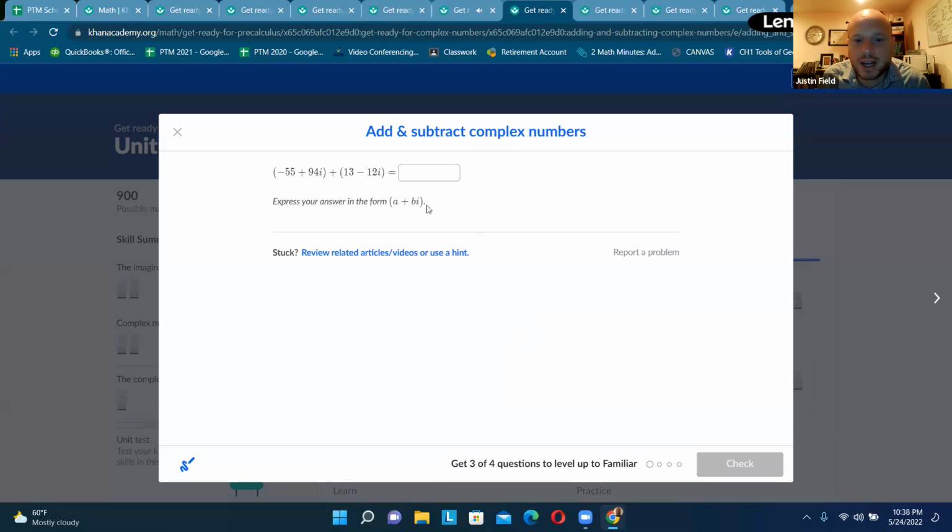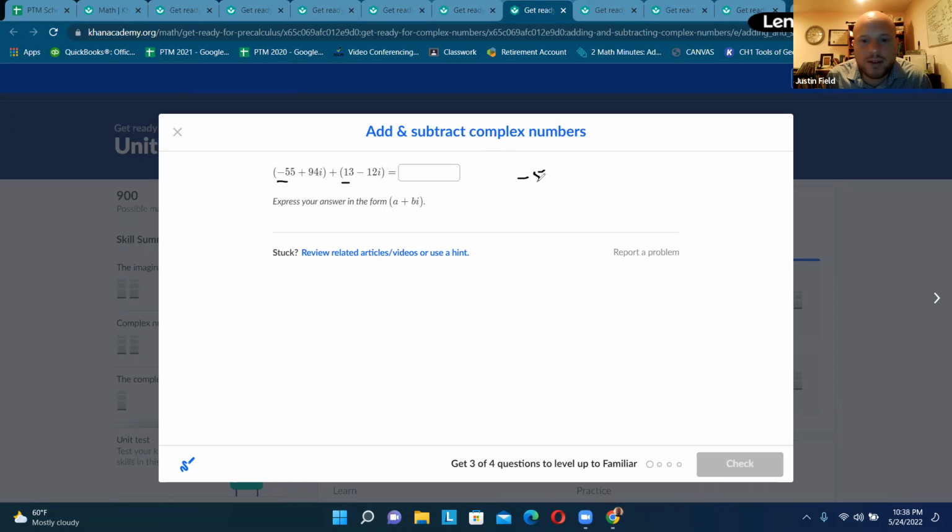Add and subtract complex numbers. This should be no problem for our Algebra 2 graduates because it's just like adding binomials, right? And so we're going to add our real parts. Negative 55 plus 13, that's negative 42.